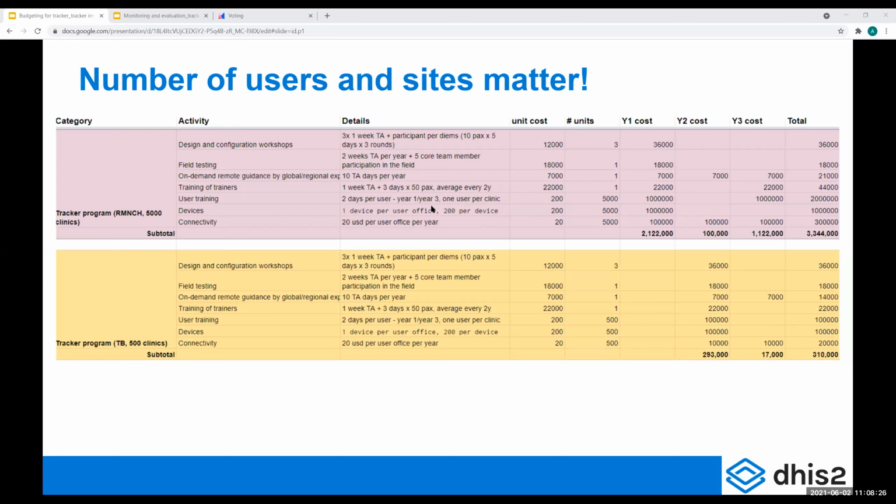You need 1 device per office, $200 per device. Again, it's an estimate, might differ from case to case. And you need to think about connectivity, so say $20 for connectivity per user office per year. So you can see here the total cost of this project over 3 years is 3.3 million.